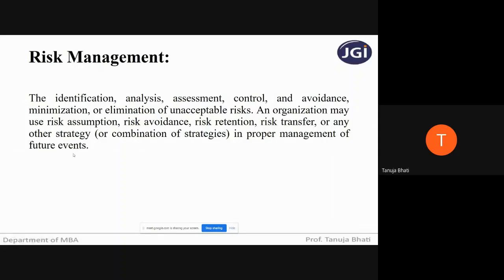Now let us understand what are the different financial risks. As I've already told you, the first financial risk that we come across is currency risk. As you know, there are various currency transactions happening.